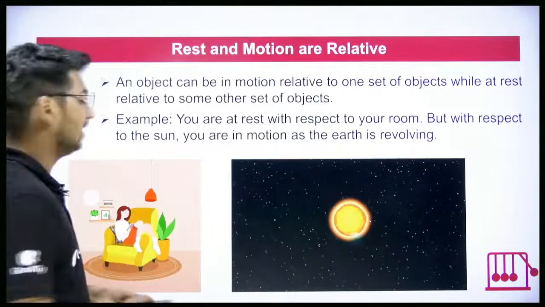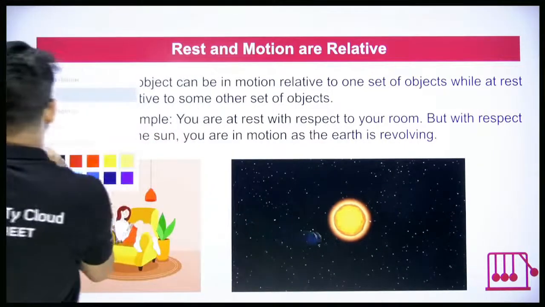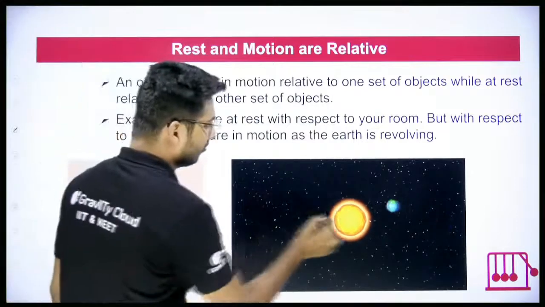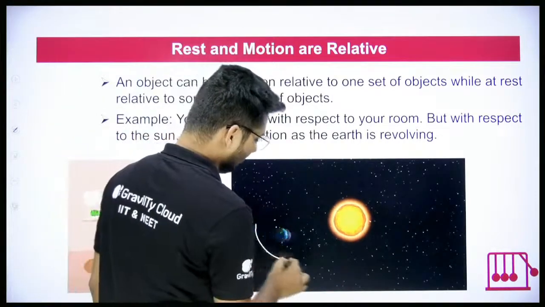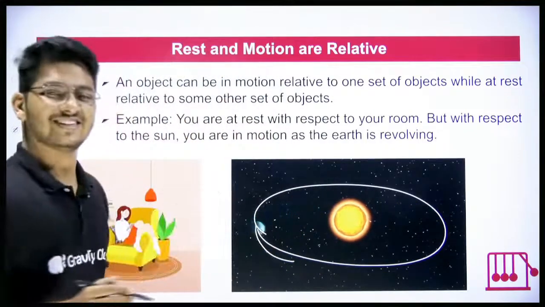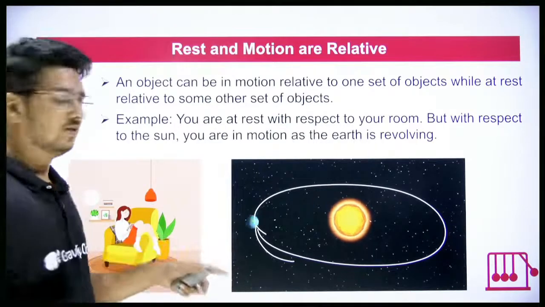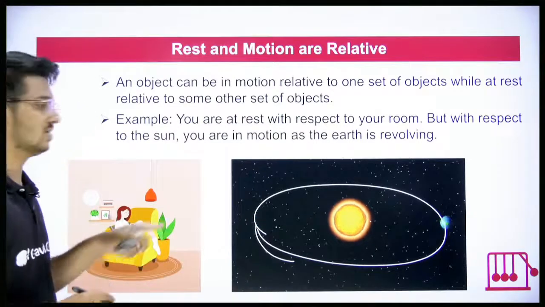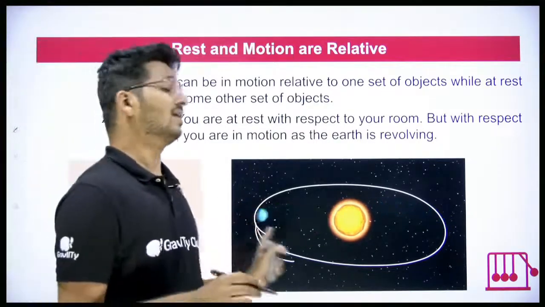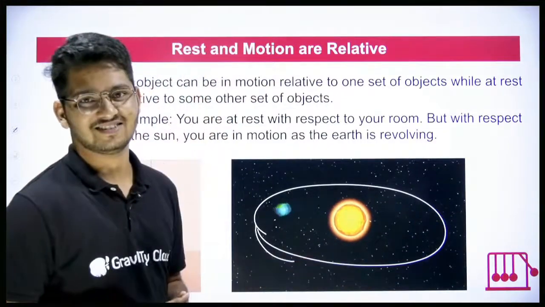The sun will say, no, the girl is not at rest. The girl is revolving around me, around the sun. Understood? Simple example. For the sofa, the girl is at rest, but for the sun, the girl is moving along with the earth, revolving around the sun.